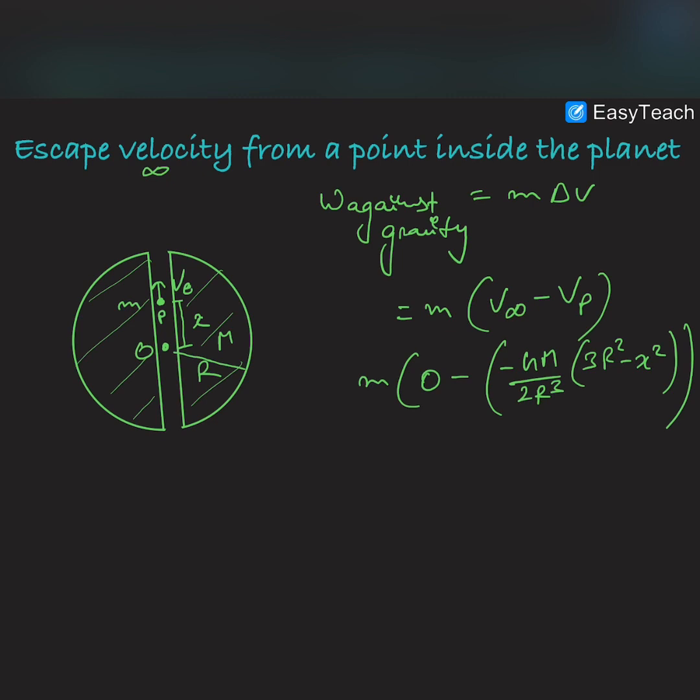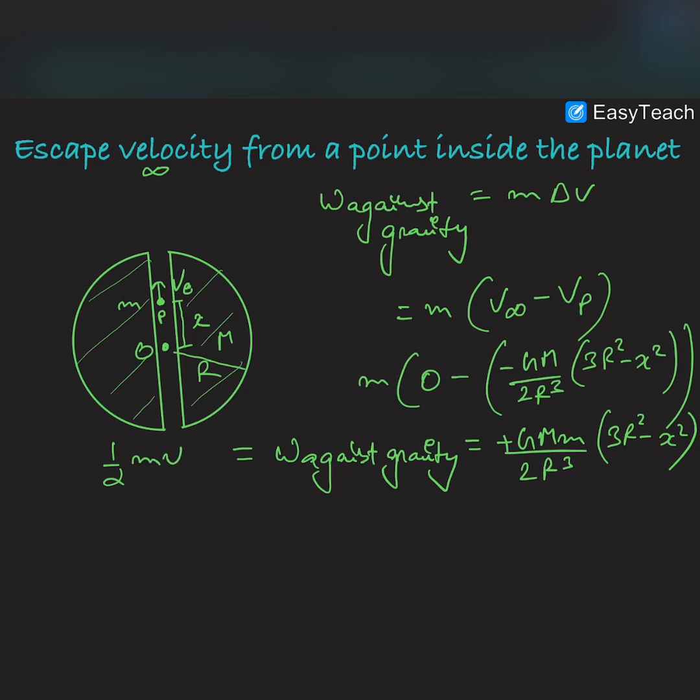So the work done against gravity would be equal to plus G M m by 2 r cube into (3 r square minus x square). And this work done against gravity is given in the form of kinetic energy.